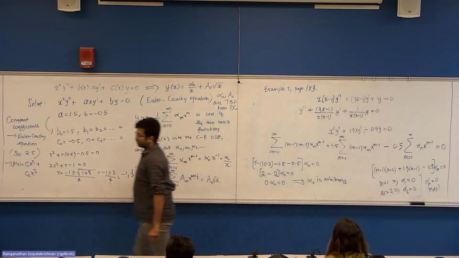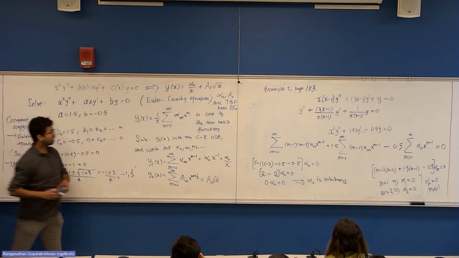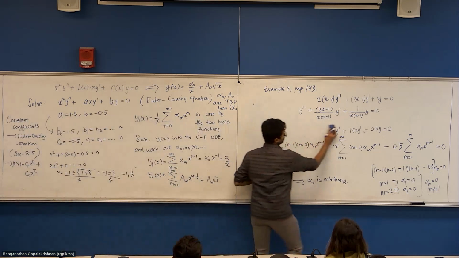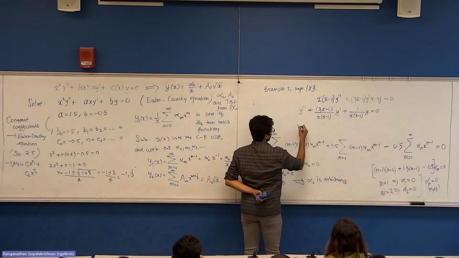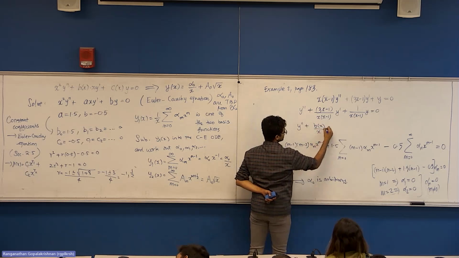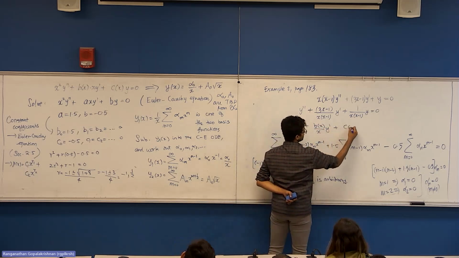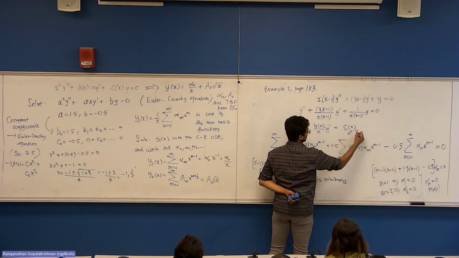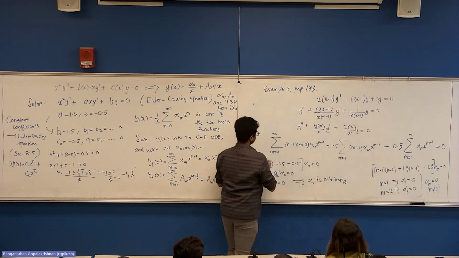To match it with the standard form, y double prime plus b of x over x times y prime plus c of x over x squared times y equal to 0.